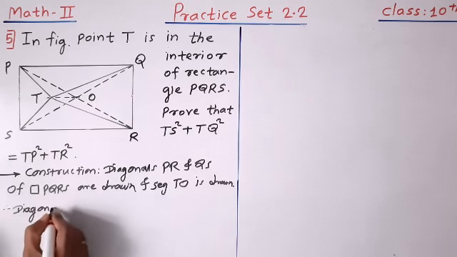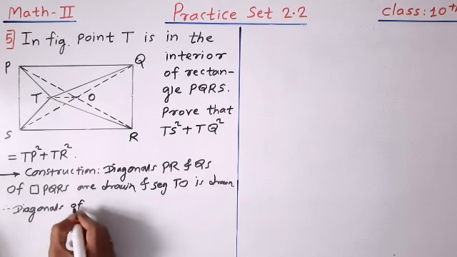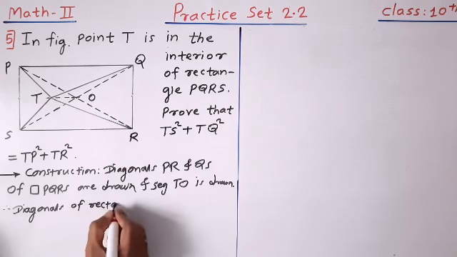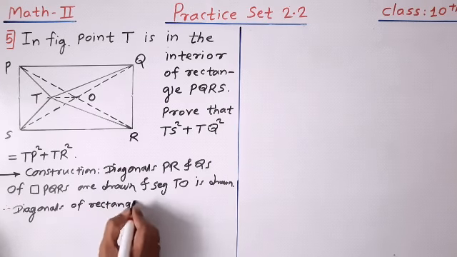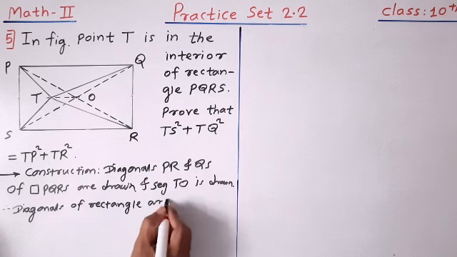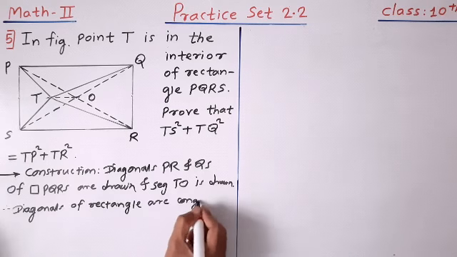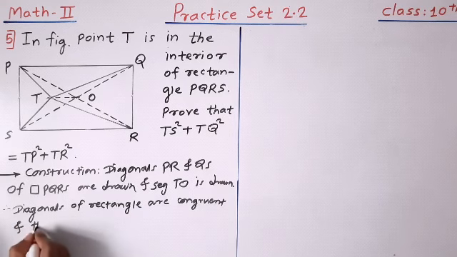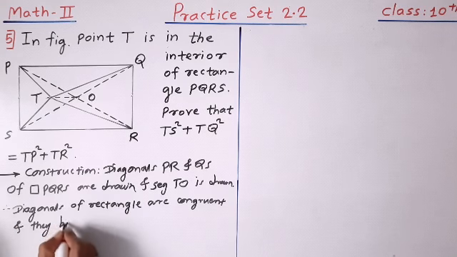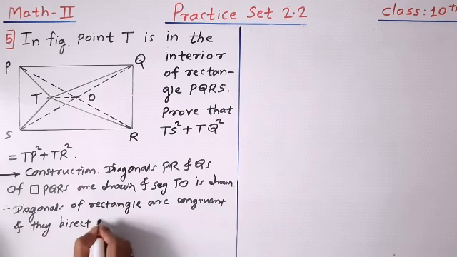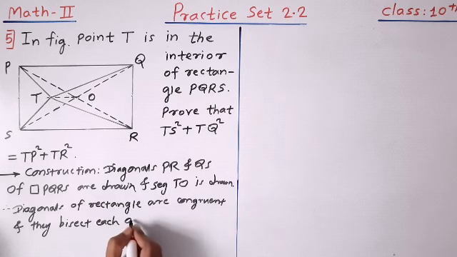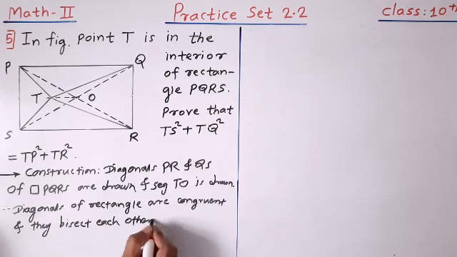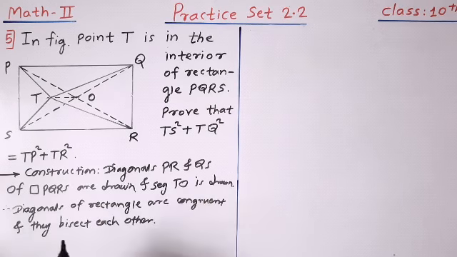Diagonals of a rectangle are congruent and they bisect each other. So both these things we are going to use here.